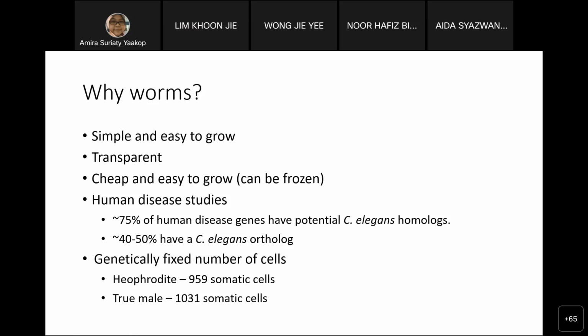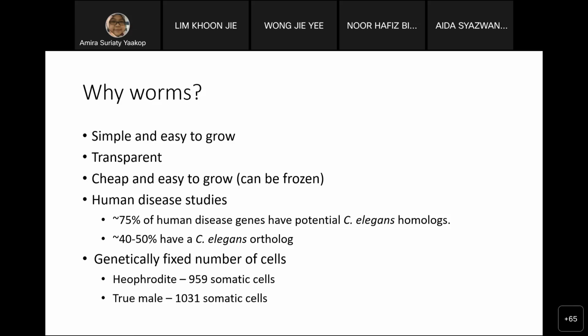Alright, and then when you study the relationship with human disease, people understand that 75% of human disease genes have potential Caenorhabditis elegans homologues. So when we have a homologue, it's similar to human.